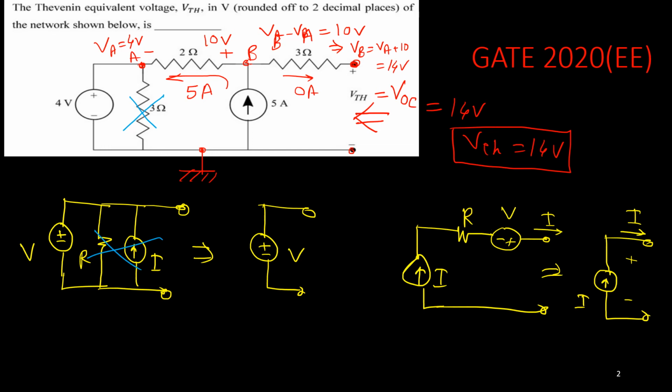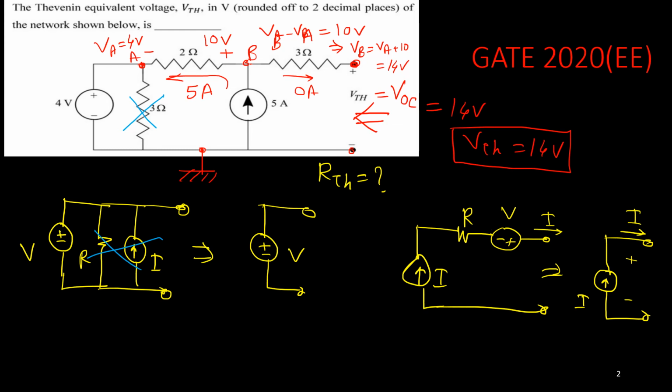So using some source conversion, we can solve this same problem. Suppose we wish to find out the RTH as well. By a simple mechanism, we can find this.